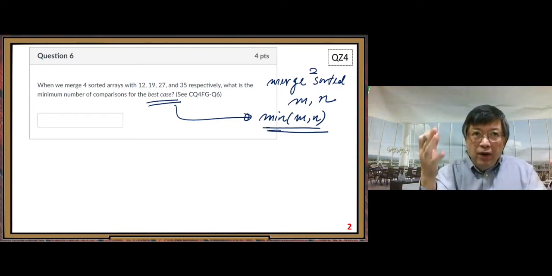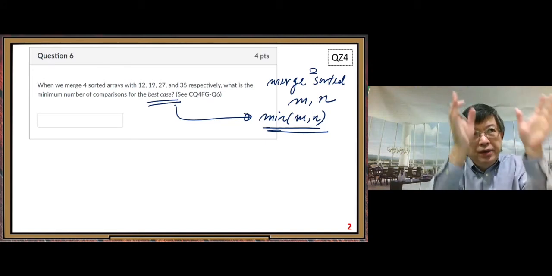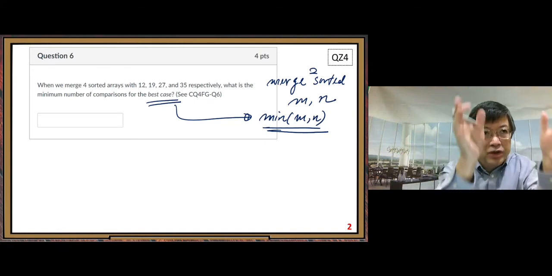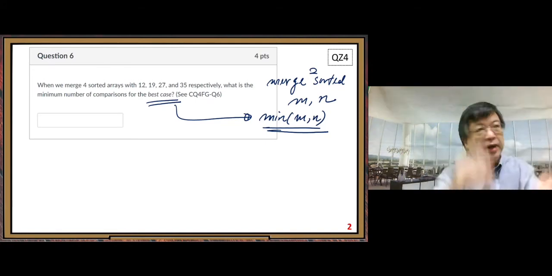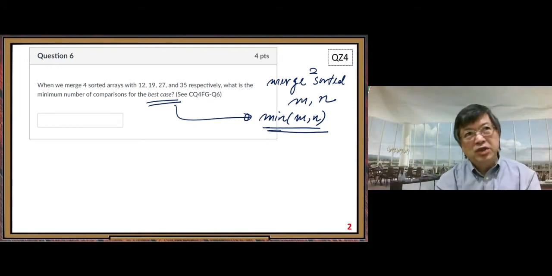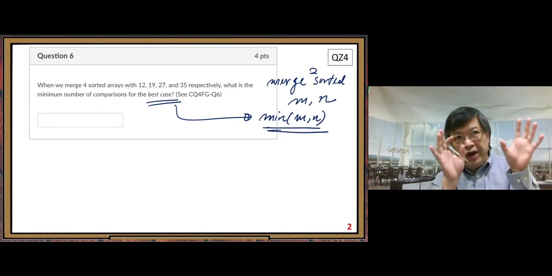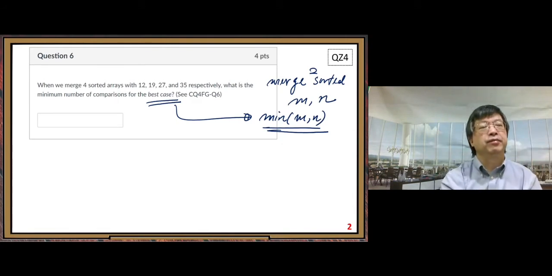But how to merge? There are many possibilities, and we try to get the smallest number of comparisons we can get. So you can try several times. But for this question, there are many different cases, so we may like to go through all the possible cases. We want to reduce the number of cases, so we try to find a good way to reduce.